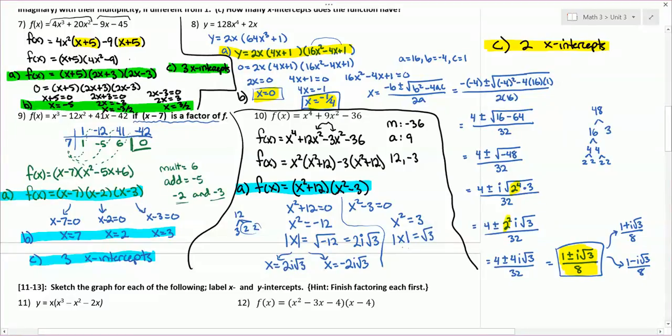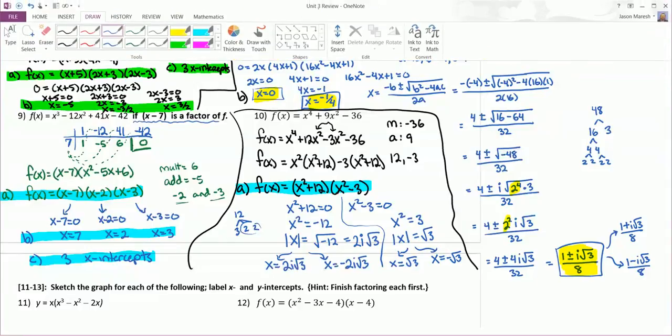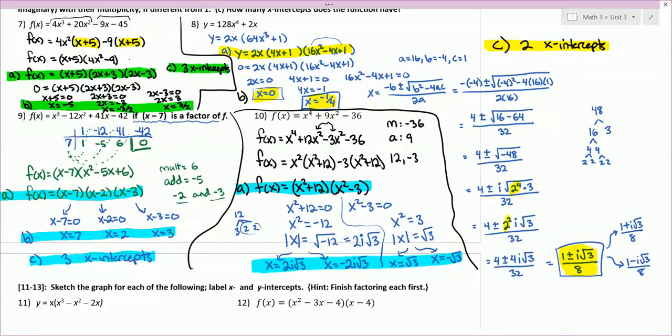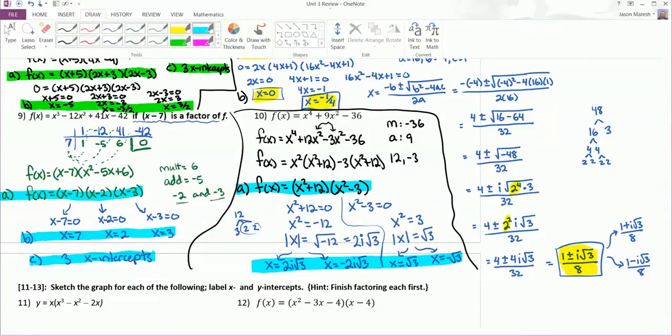And so because the absolute value is equal to the square root of 3, x is equal to the square root of 3, and x is equal to the negative square root of 3. And so we end up with 4 zeros. 2 of them are imaginary, 2 are real. None of them are rational. So that's part B.